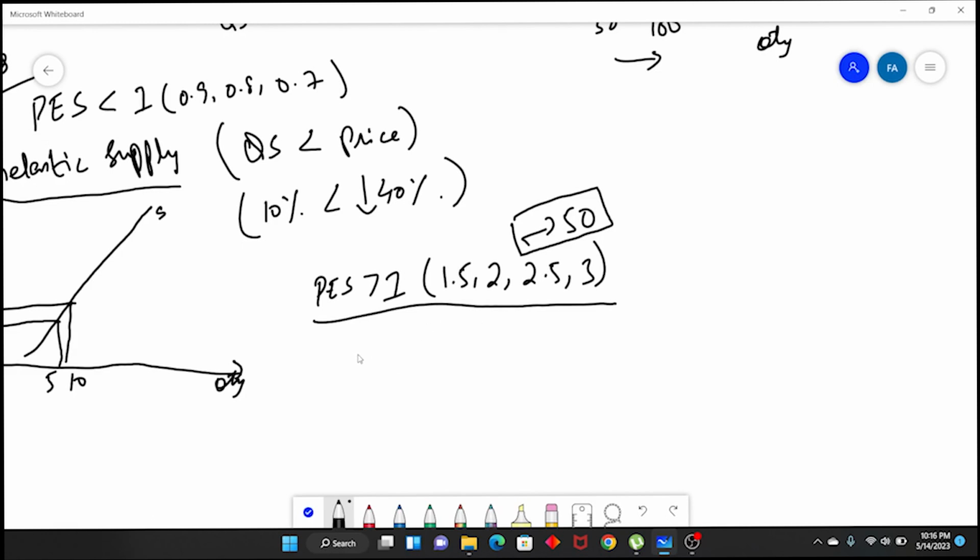Okay. So when the price elasticity of supply is greater than 1, which means that the price has changed by a slight figure. Let's suppose the price has changed only by 10%, but the quantity supplied has increased by 40%, which means there is a major impact on the price elasticity of supply. I know there will be candidates who want me to just give you the definition.